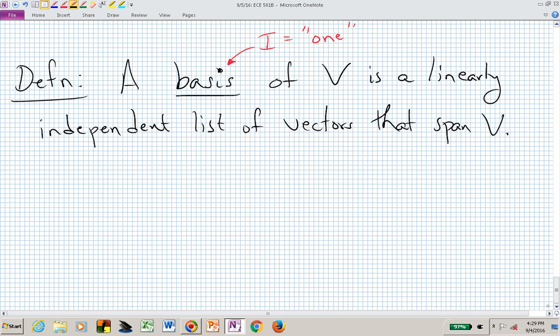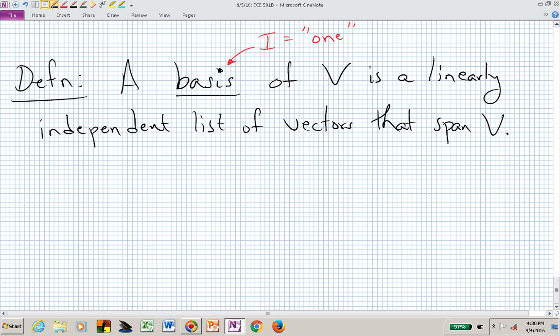One, the list is linearly independent. Each vector is unable to be written in terms of any of the other vectors or any linear combination of vectors in that list. And those vectors span the entire vector space V. That's what we need for a basis. They need to span the space, and the vectors need to be linearly independent.